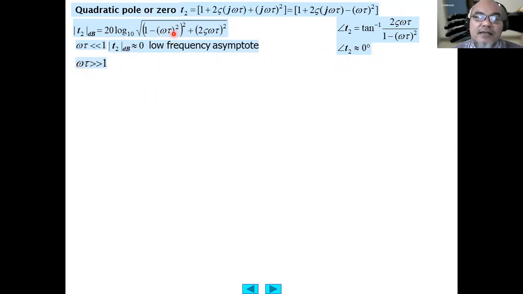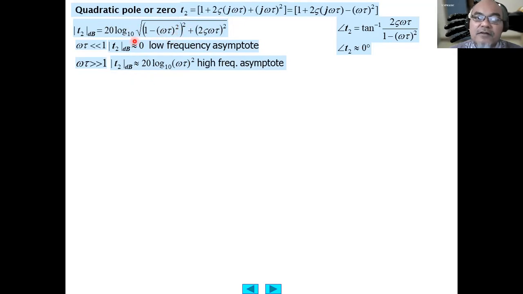When omega tau is much larger than 1, this one will be negligible. So this equals omega tau to the power 4 plus 2 zeta omega tau squared, and this can be approximated as 20 log omega tau squared. Because this is much larger than that, you only take into consideration the term omega tau to the power 4.